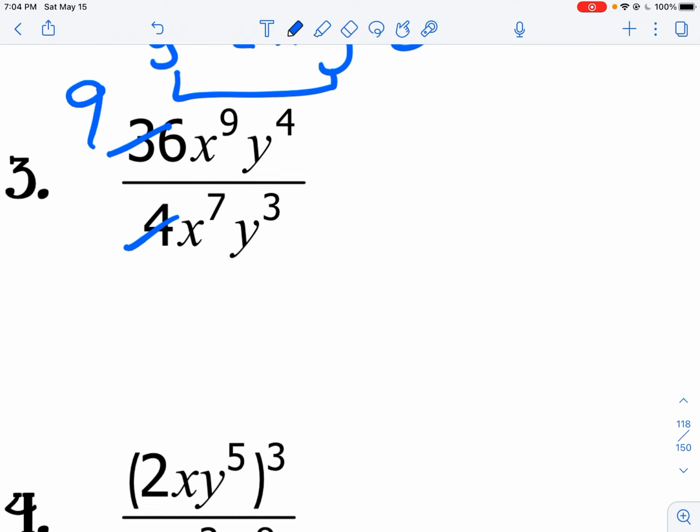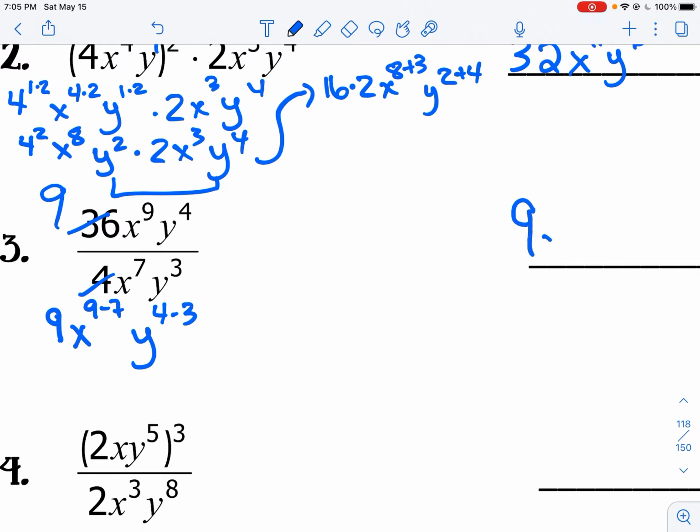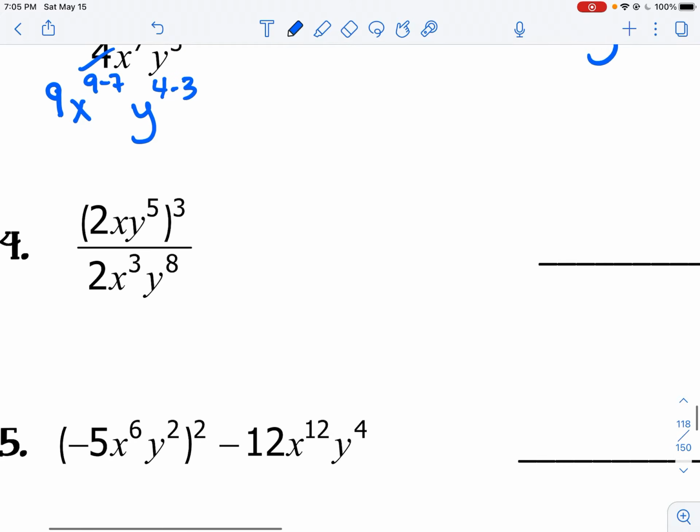Now you could do the expanded version of this and write out 9 x's on top and 7 x's on bottom and cross them out. But I want to do the rule. So I'm going to actually write down the x and I'm going to subtract my exponents because that's a quotient, that's division. And I'm going to do 4 minus 3 for the exponents of the y's. So that would give me 9 x to the 2nd, y to the 1st, or just y.